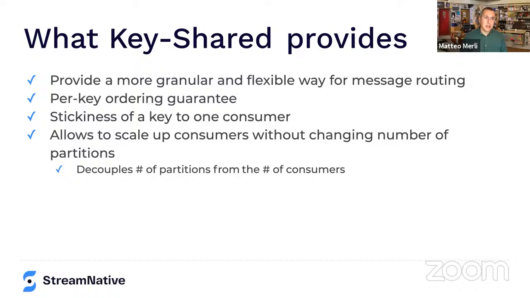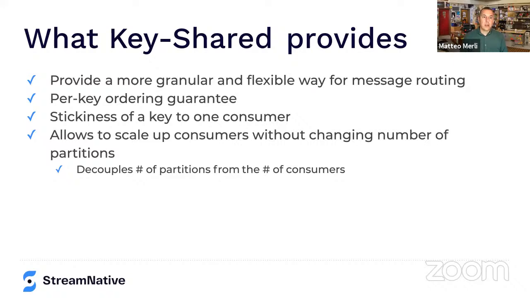And finally, we can scale up consumption without changing the number of partitions. You can even have one single partition and 100 consumers on that subscription, or you can have, say, 10 partitions and 100 consumers. Partitions essentially are orthogonal to the number of consumers at this point.